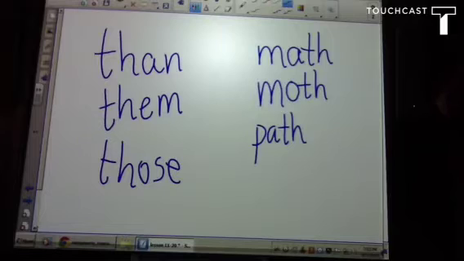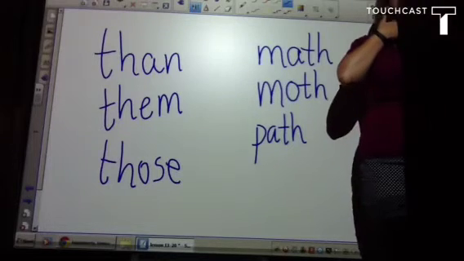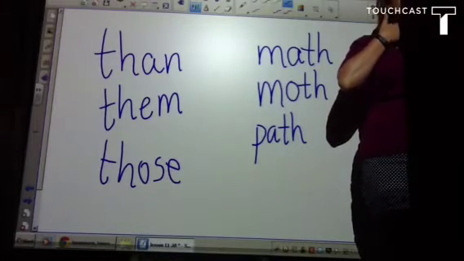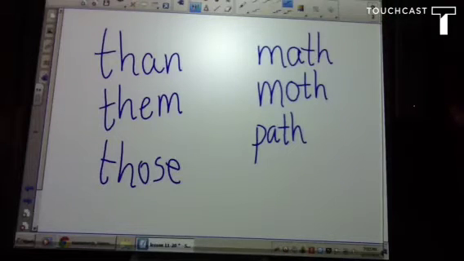Voiced sounds make your vocal cords vibrate or move. This sound is not voiced because it does not make your vocal cords vibrate. Now let's try the sound of v. Put your hand on your throat and say it. That tickles. You can feel your throat move, can't you?